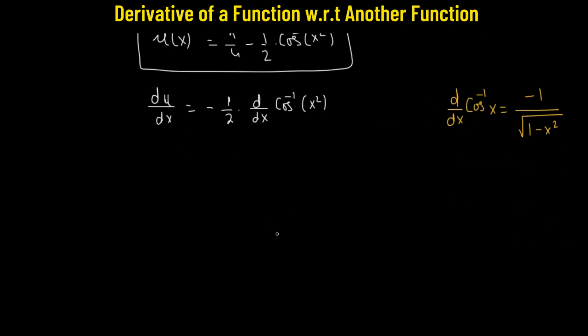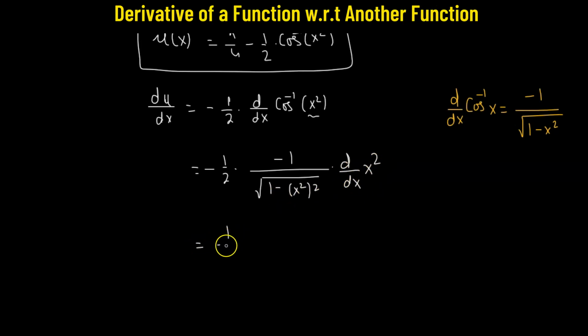So that means we have negative half multiplied by negative 1 divided by square root of 1 minus x squared, but here we have x squared, so this will become x squared whole squared, and we also have to use the chain rule, so we multiply by the derivative of x squared.